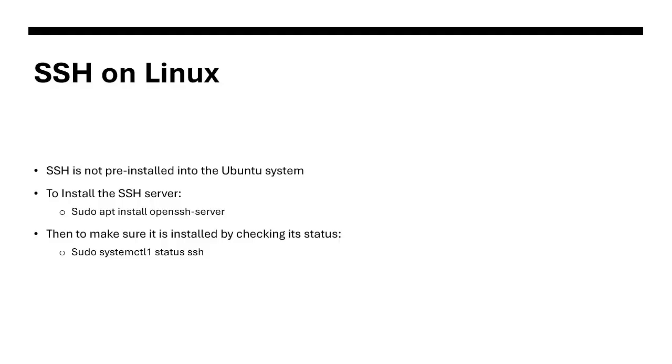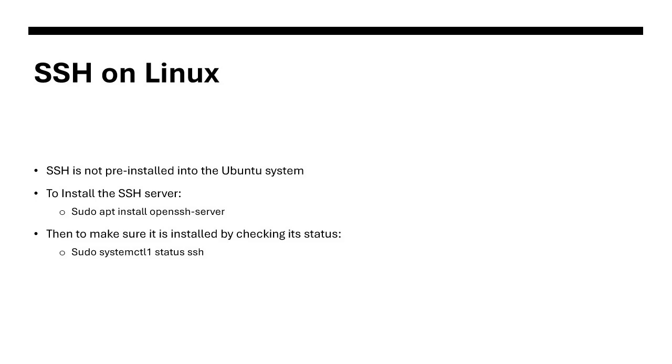Secure Shell is not pre-installed into the Ubuntu system. First, I will make sure my system is updated by using the command sudo apt update, and then I will install Secure Shell onto my server by using the command sudo apt install openssh-server.